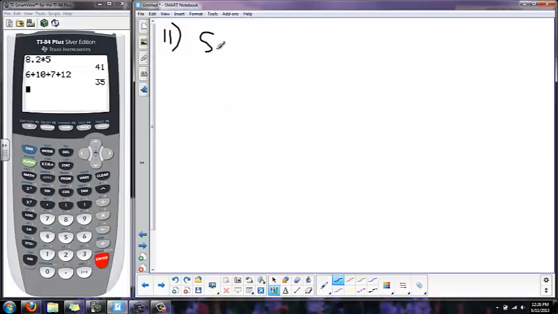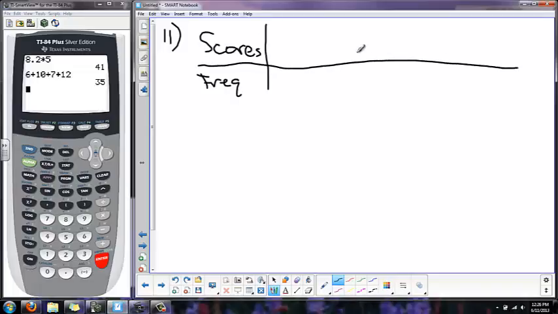You have your scores and the frequency. So there's a score of 15, 16, 17, 18, 19, and 20, and then the number of times that each of those occurred.